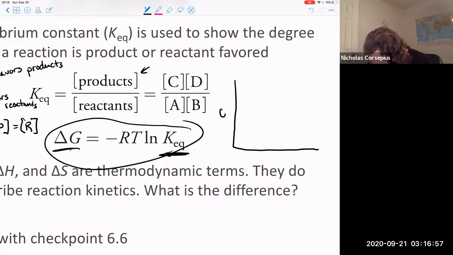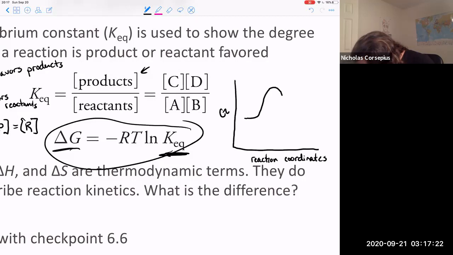That means if I'm going to have free energy and reaction coordinates, and I have a KEQ of 1, meaning that my reactants and my products are equally favored, you can plug that into this equation and see that my delta G has to be 0.